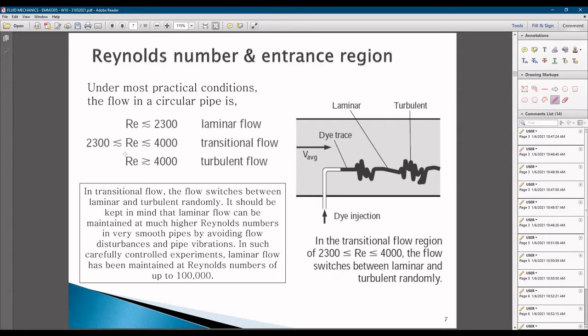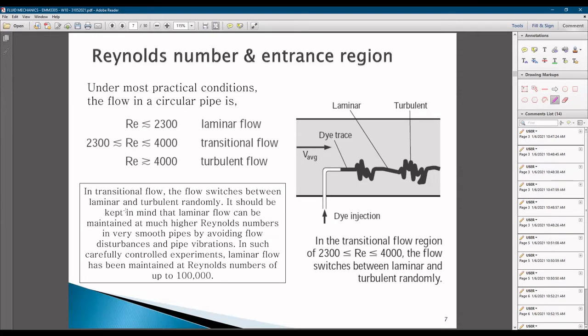Above 4,000, we can consider it a turbulent flow. Note that in transitional flow, the flow switches between laminar and turbulent randomly.